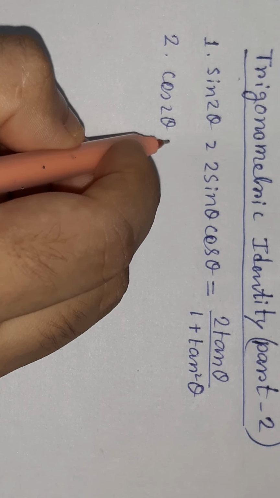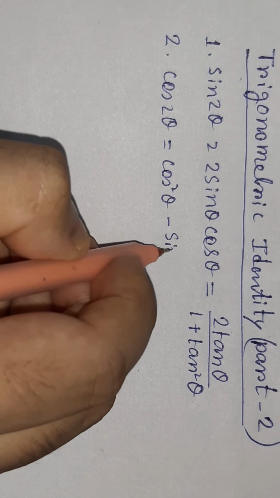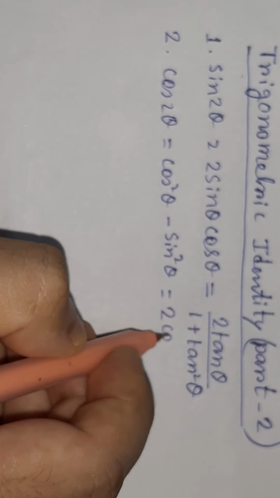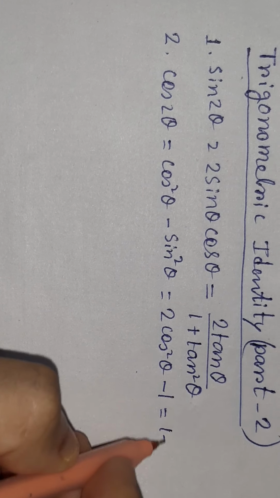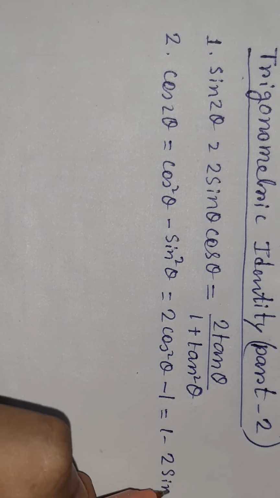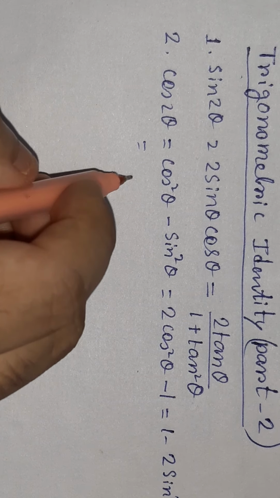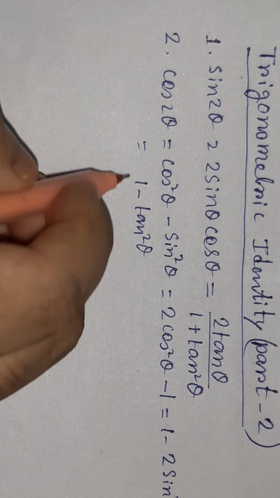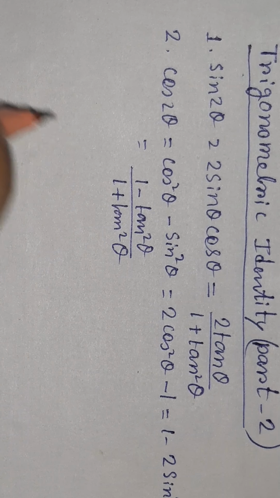Cos 2 theta is nothing but cos square theta minus sin square theta, which is equal to 2 cos square theta minus 1, which is equal to 1 minus 2 sin square theta, and in terms of tan theta we can write that as 1 minus tan square theta by 1 plus tan square theta.